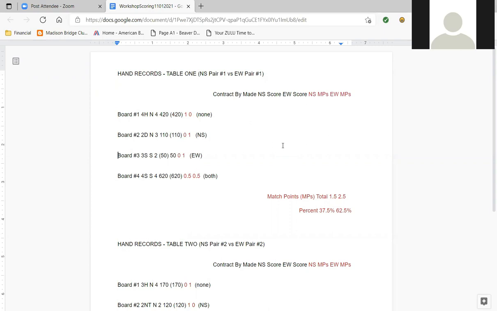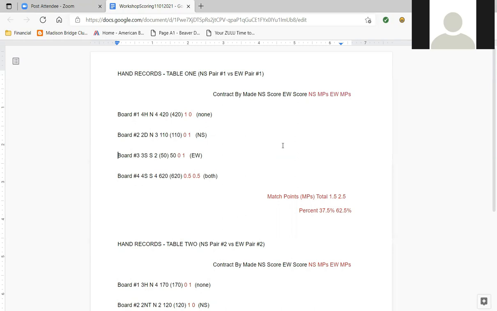How can that happen? Well, maybe we have 2 sets of boards and we've dealt out exactly the same 4 hands for each table. Or maybe we only have 4 boards and they're just going to share the boards. So table 1 is going to play board 1, and while they're playing board 1, table 2 is going to be playing board 2. And then they're going to switch when they're both done.